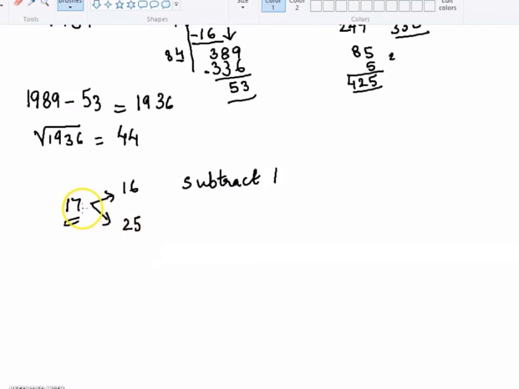So if you have to add something to 17 to make it 25, then it should be 8. If I add 17 plus 8, I will get 25. So that is the method for adding: you go to the next perfect square number and then you can make out what can be added to make it a perfect square.